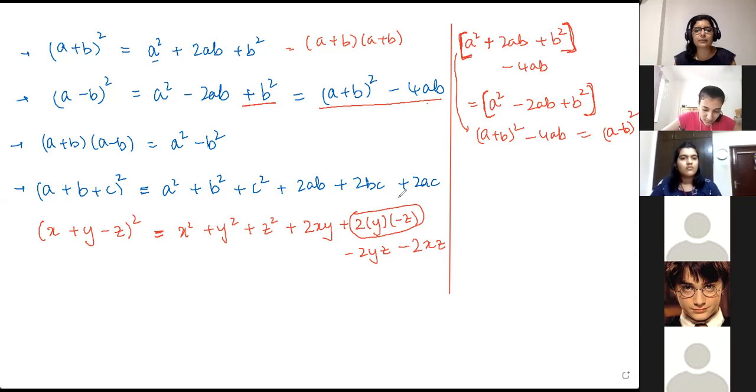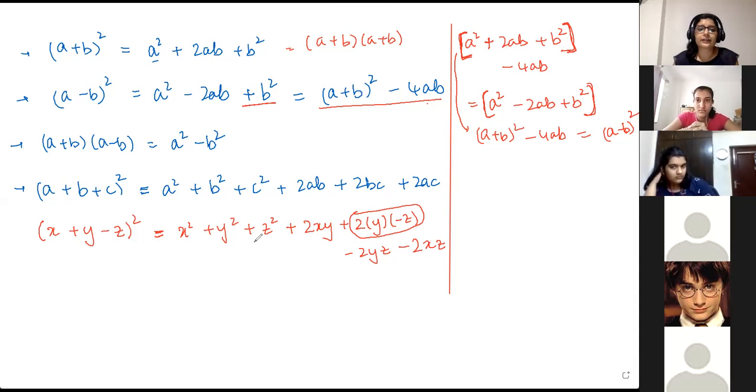Otherwise, you're multiplying z only once, so y into minus z, that particular term will be negative. Similarly, if y is negative, then this whole thing will change based on that. Wherever you have y, those particular parts will be negative. Y square will be positive because negative into negative is a positive value.